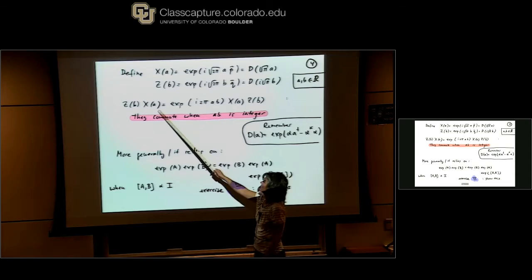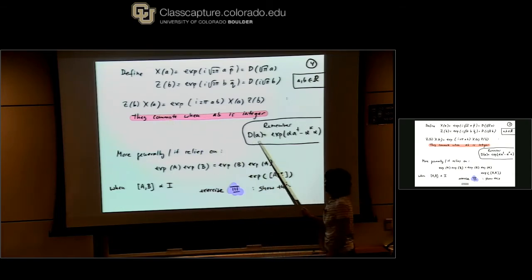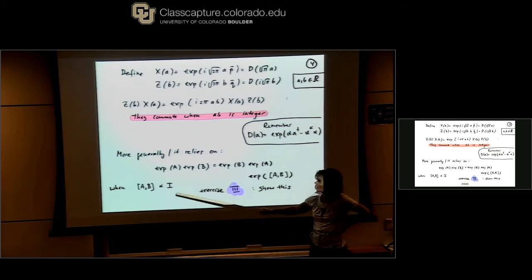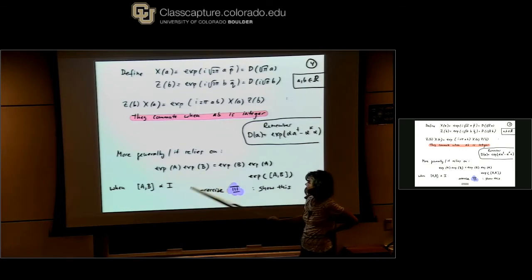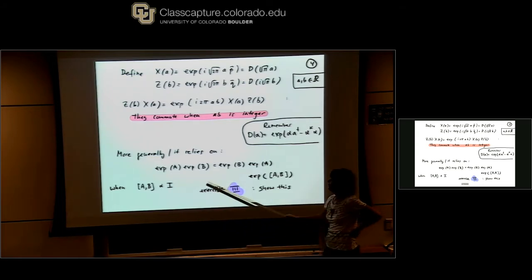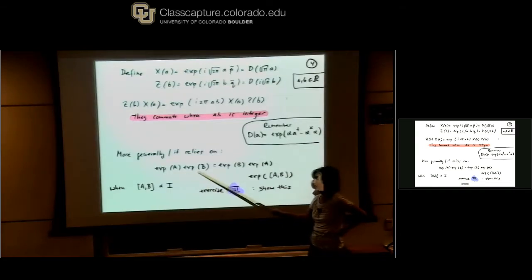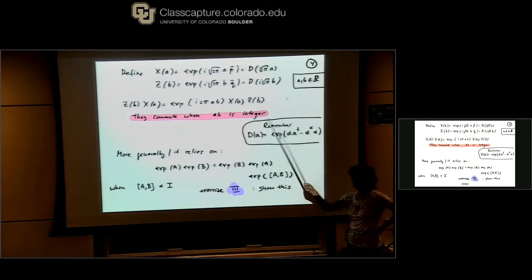Okay, so there are several ways of seeing this. You know the rules for displacements, D alpha, D beta, versus D beta, D alpha. Another thing you can do, as just a little exercise, which I think is a nice thing to realize: if you have any two A and B such that the commutator of A and B is proportional to identity, then I can use Baker-Campbell-Hausdorff, where e to the A times e to the B is e to the A plus B, and then some corrections which depend on the commutator.